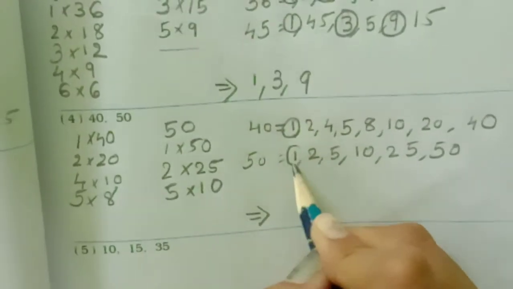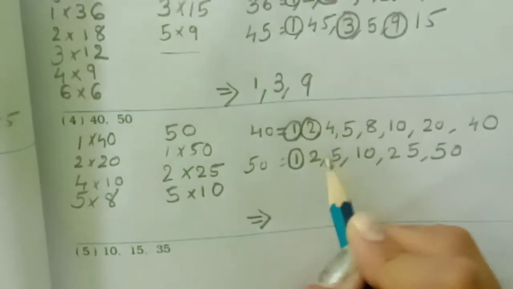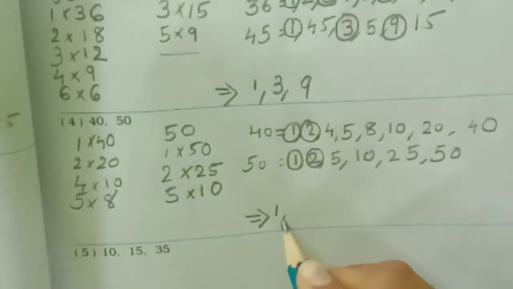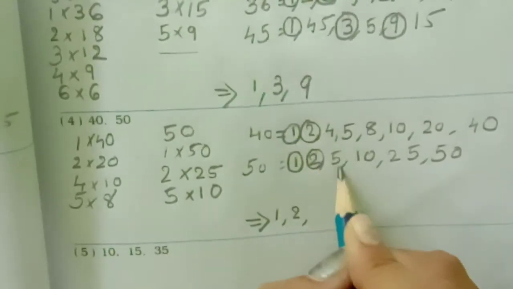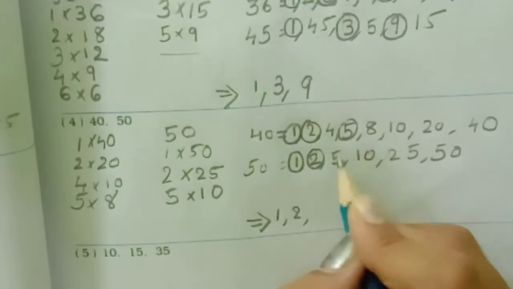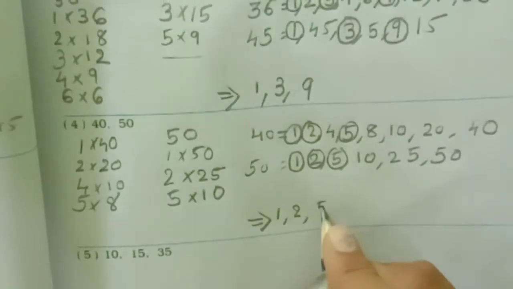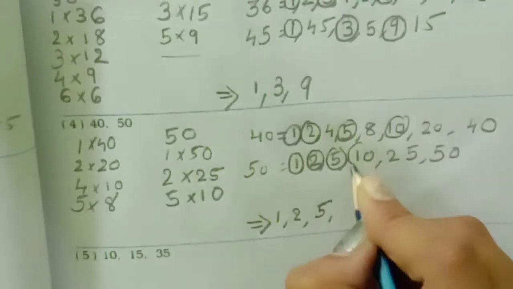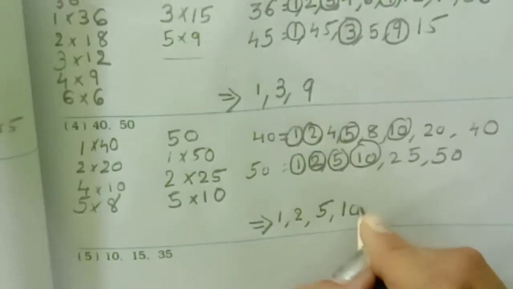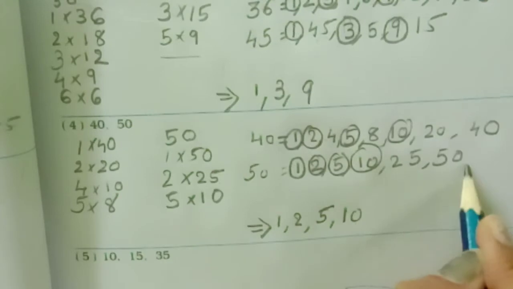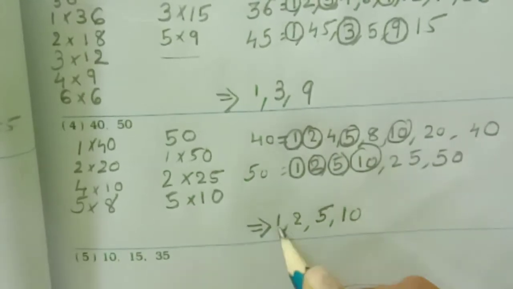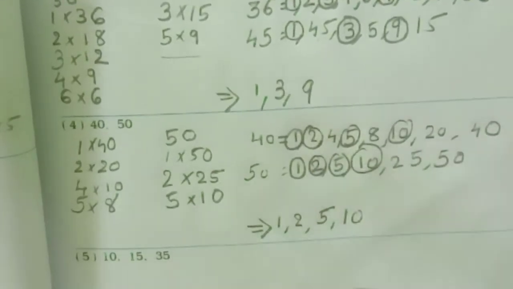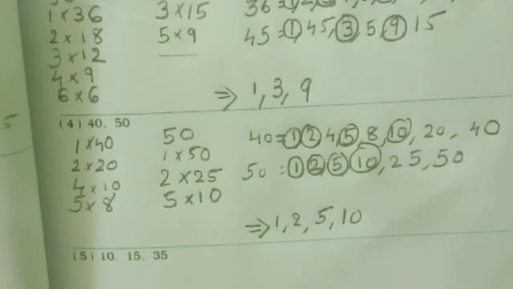First 1 is common. Then 2 is also common. So we will write 1 and 2 first. Then 4 is not here but 5 is in both. So 5 is common. Then yes, 10 is common. Now any common factor? No. So 1, 2, 5 and 10 are the common factors of 40 and 50.